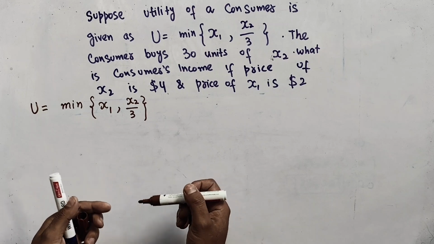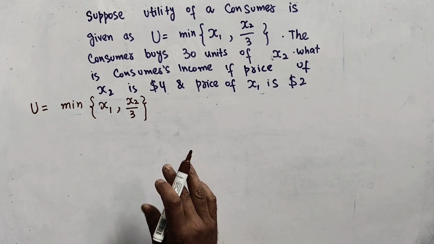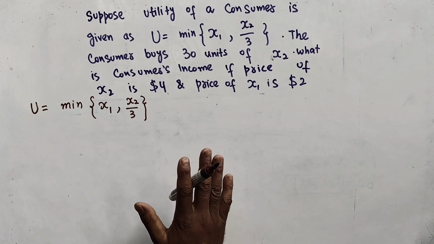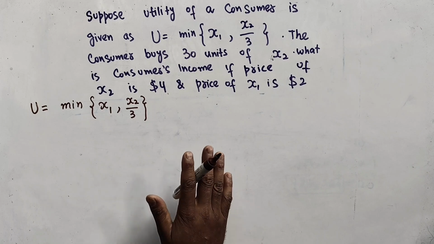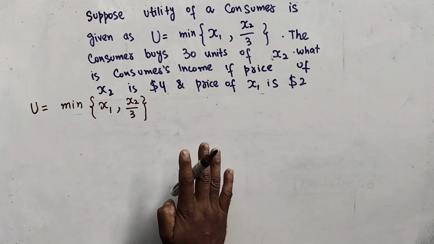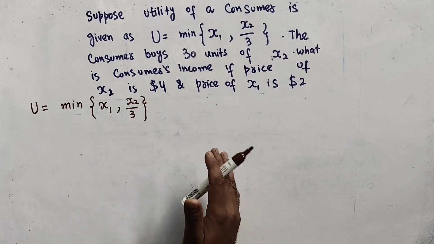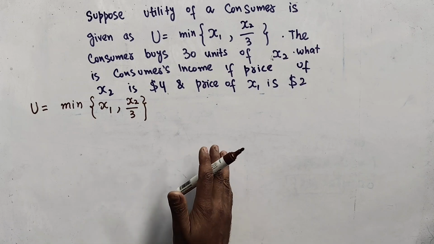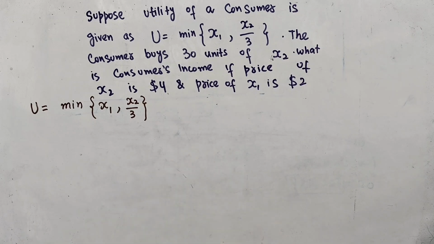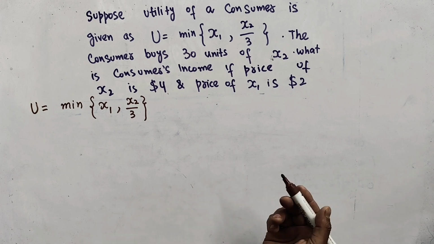Now this utility function, we call it the Leontief utility function, or perfect complementary utility function, or fixed proportion utility function. So let me explain with a simple example.